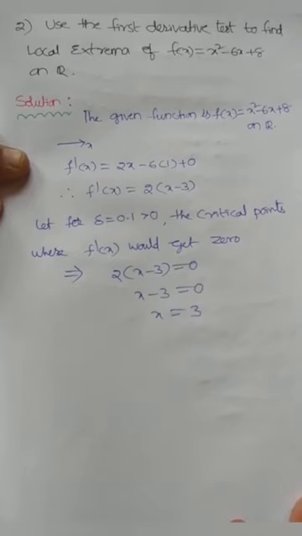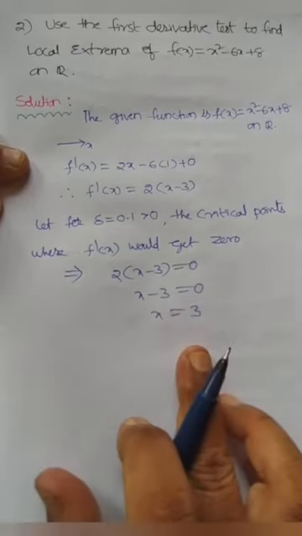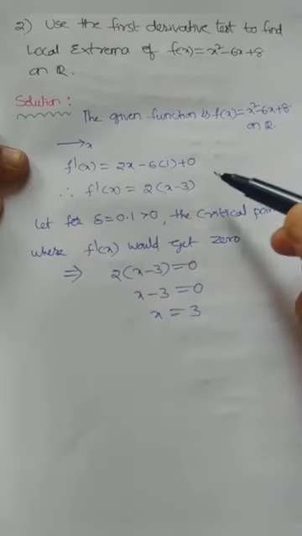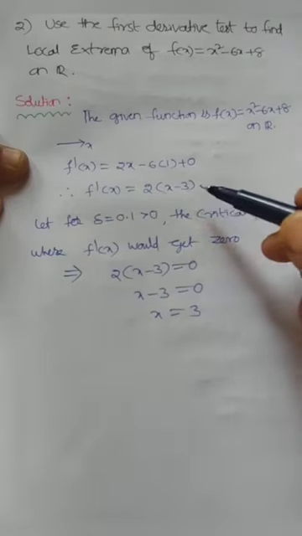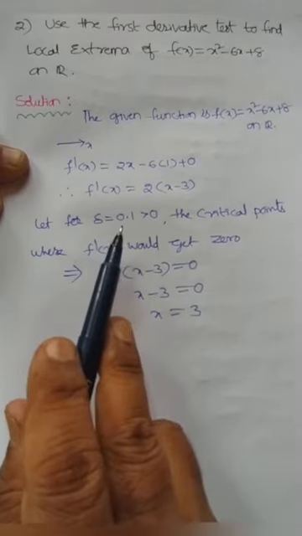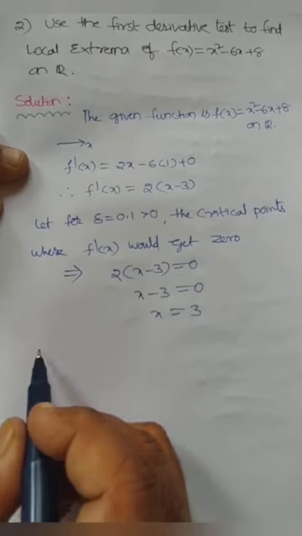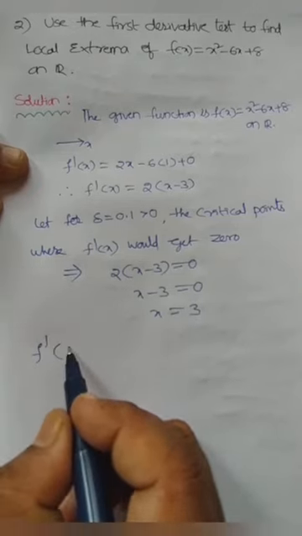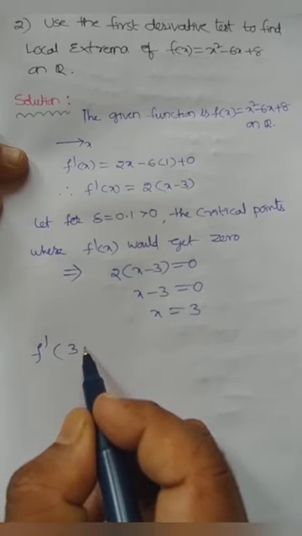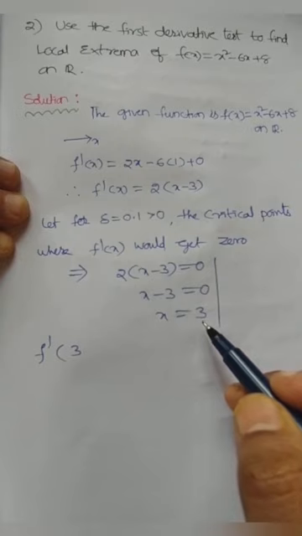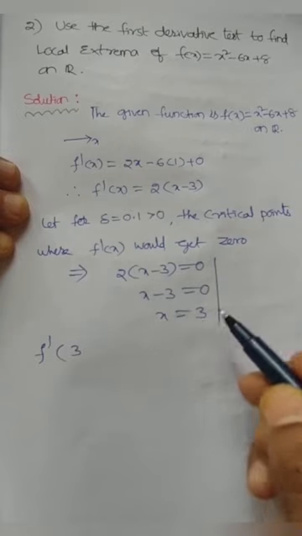At this level we have to check the neighborhoods. On the neighborhood of x is equal to 3, what is the sign behavior of the first derivative? What is the delta we have chosen here? 0.1. Before that we would take a neighborhood at the level of x is equal to 3.